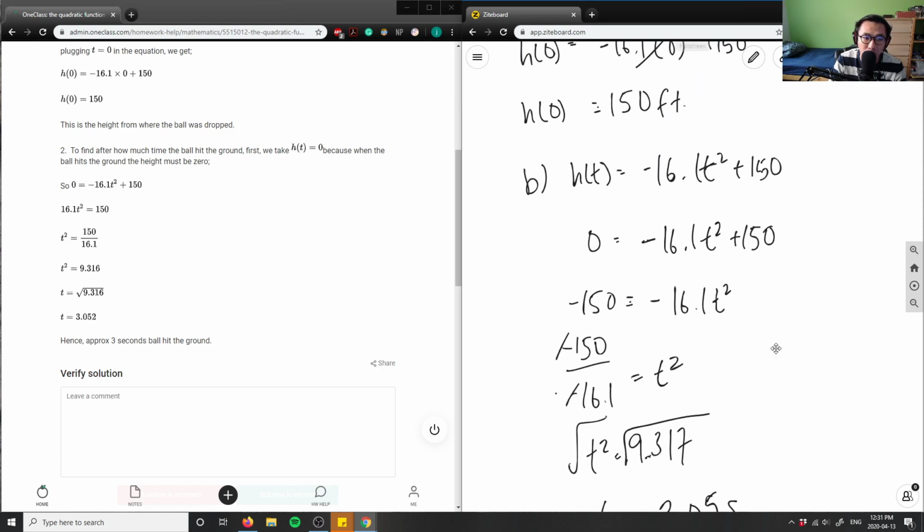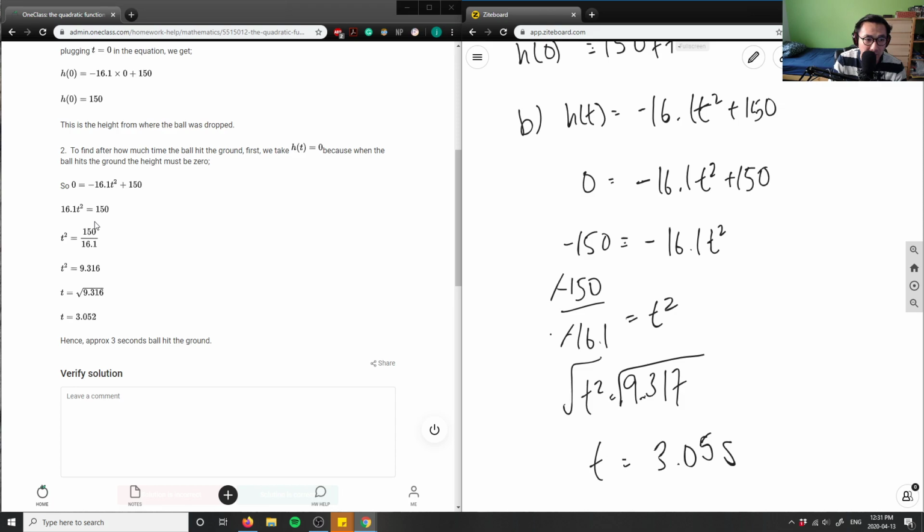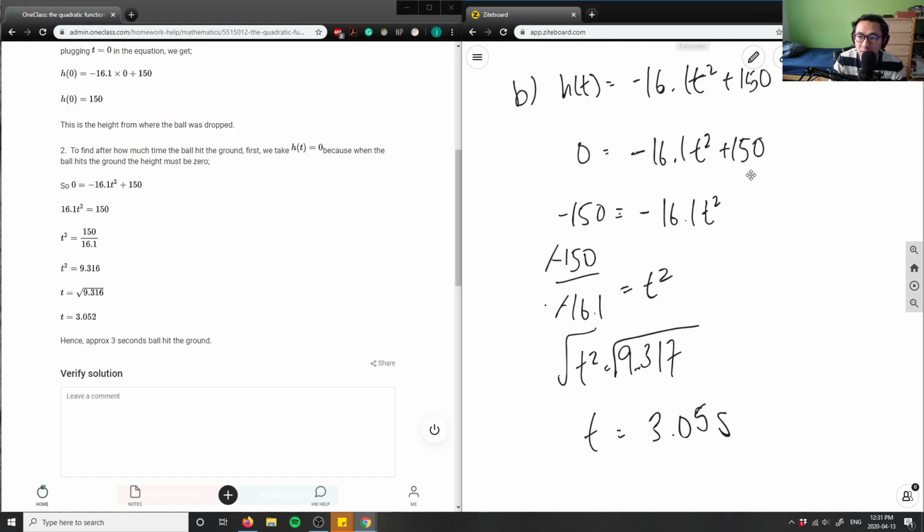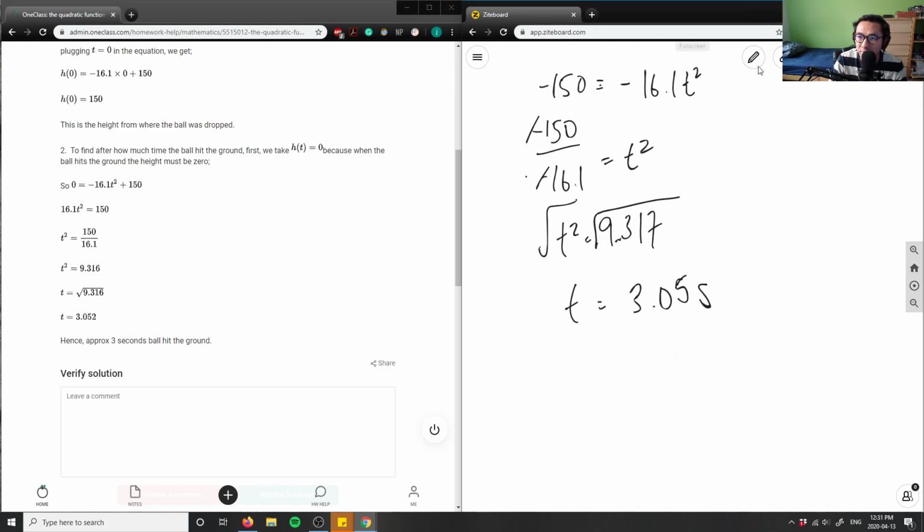For part B, they set 0 as the height. That's good. Negative 16 shouldn't cancel out here, but that's totally fine, though. And then 3.05 seconds. That's good. What I wanted, even for my solution, is I would have said this is plus or minus seconds here, and since t cannot equal negative 3.05 seconds, then 3.05 seconds is the answer.